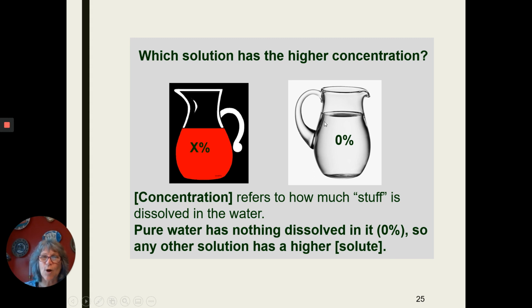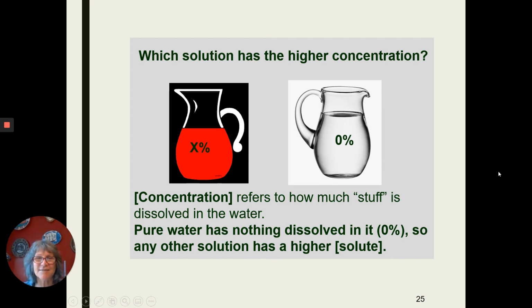Pure water has nothing dissolved in it. It's 0%. So any other solution has a higher solute concentration, even if it has a 0.0001 sugar concentration. This is the ultimate hypotonic solution.